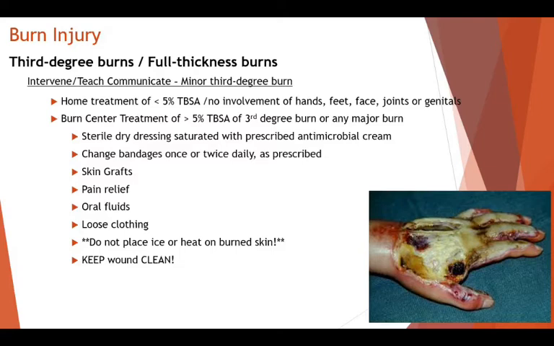So it would be sterile dressings with antimicrobial cream, change them once or twice a day, keep them clean in between, and pain relief for the areas that do have nerve sensation. Skin grafts are possible on third-degree burns that are not healing.